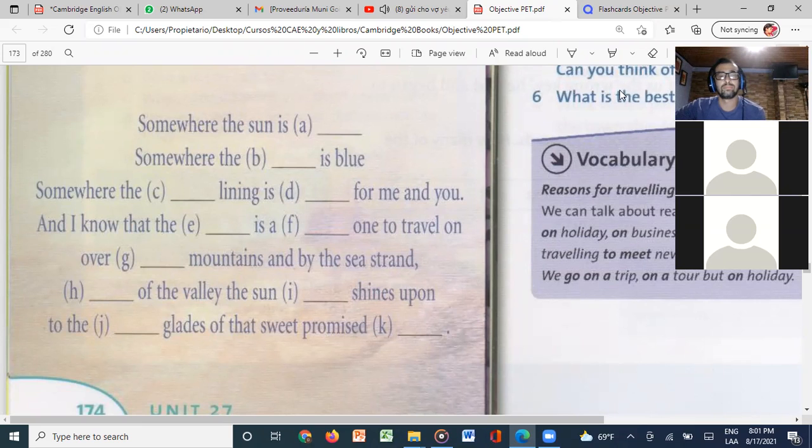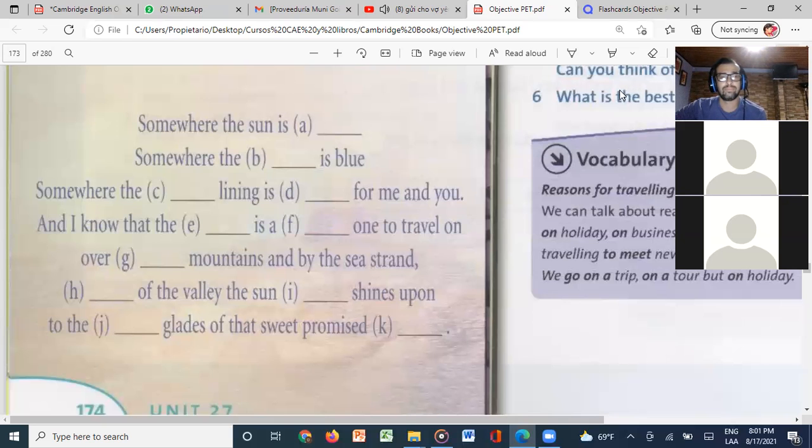Somewhere the sun is shining, somewhere the sky is blue, somewhere the silver lining shining for me and you.